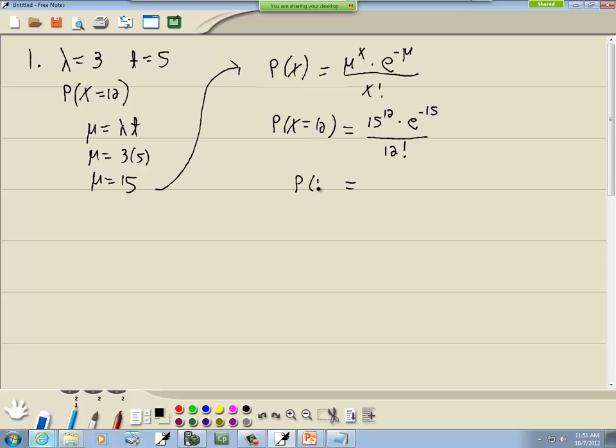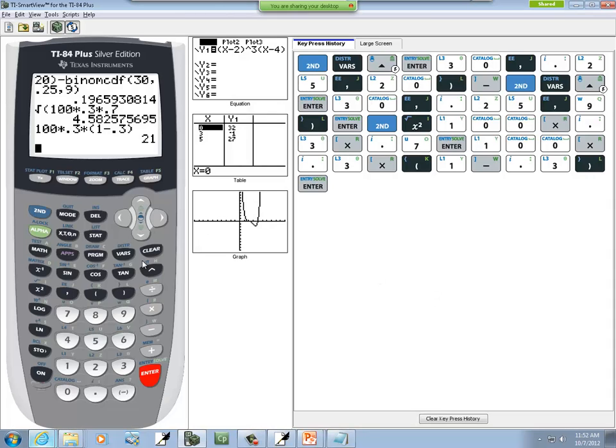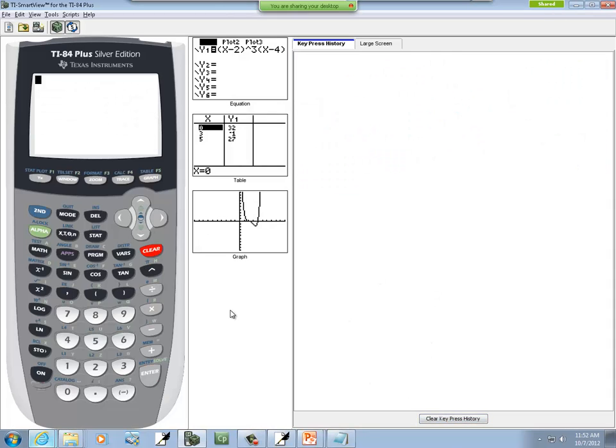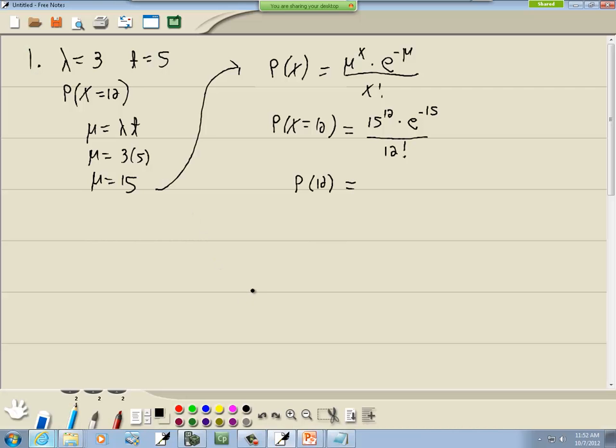So for the probability that x is going to equal 12, let's plug this into our calculator. Do a beginning parenthesis, 15 to the 12th power, so 15 caret 12, times e, do second, ln. Then it puts the e, puts the caret, puts the beginning parenthesis on there for you.